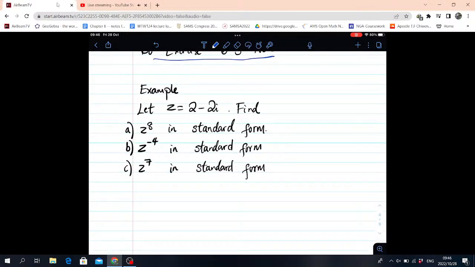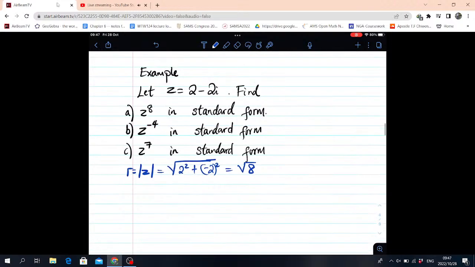So let's see. The first thing is to find r, which we know is the modulus of z, and in this case it's just going to be equal to the square root of 2 squared plus minus 2 squared, which is 4 plus 4, which is 8, so it is the square root of 8. And then to find theta, well, there are several ways of doing it.